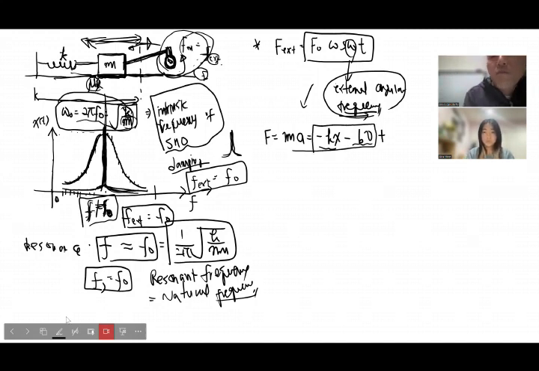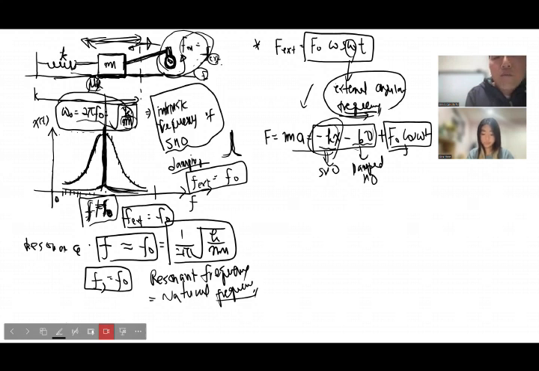The first term is for the simple harmonic oscillator, and the second term is for the damped harmonic oscillator. Now we have to add the external driving force, which makes the system continuously run. So the first and second terms are the restoring force.